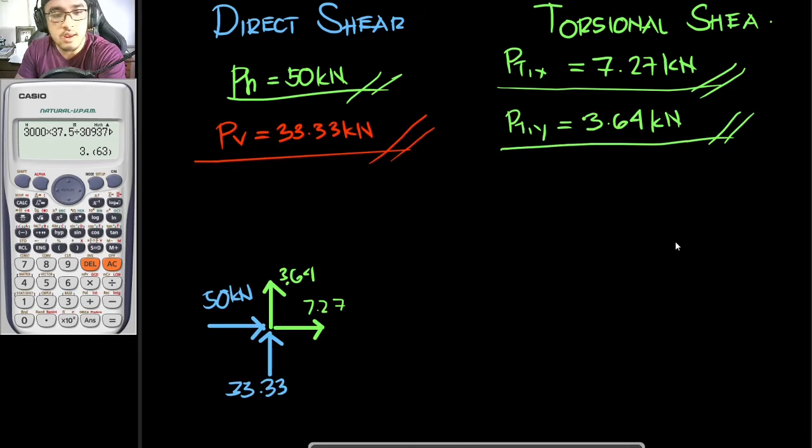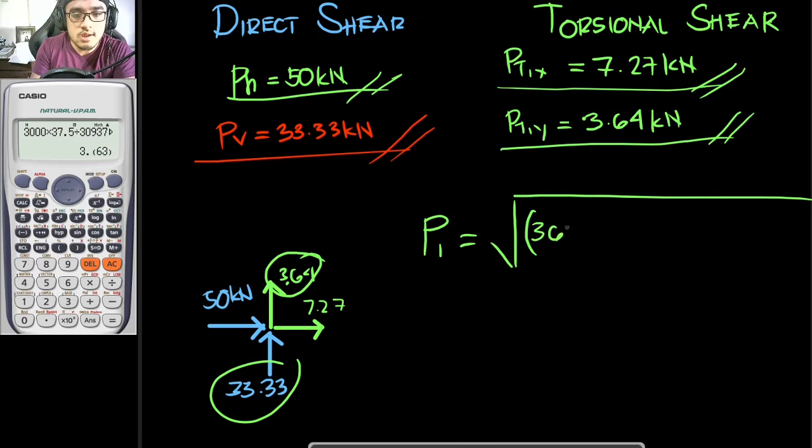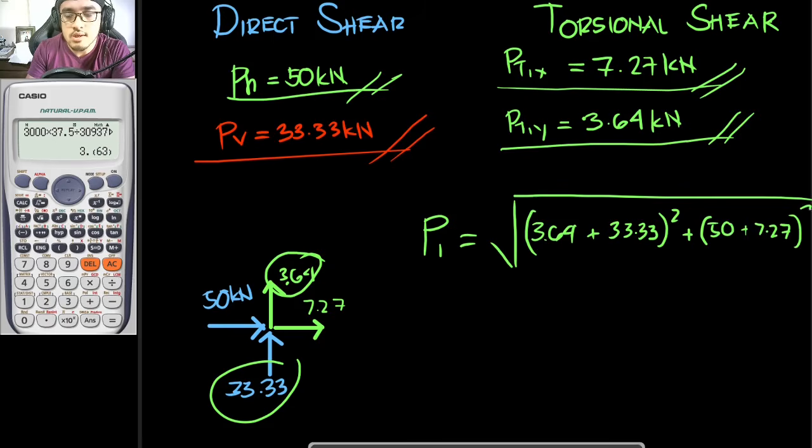So I would be deleting this for us to have space. So for the resultant P1, combined direct shear and torsional shear. So P1 is equal to the square root of, this is just the Pythagorean theorem. For our y component, that is this one and this one: 3.64 plus 33.33, squared, plus your horizontal, which is 50 kilonewtons plus 7.27, squared.